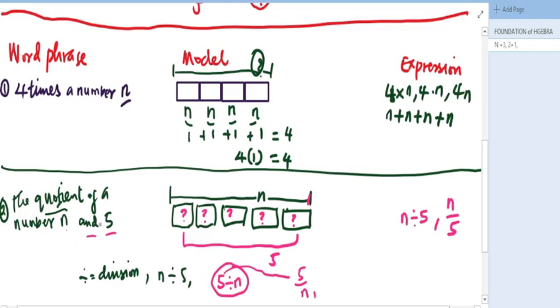This is wrong for this expression, but if this is what we mean, we're going to say what? Quotient of 5 and a number n.